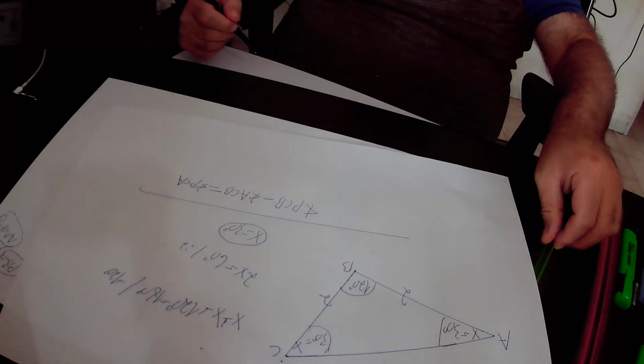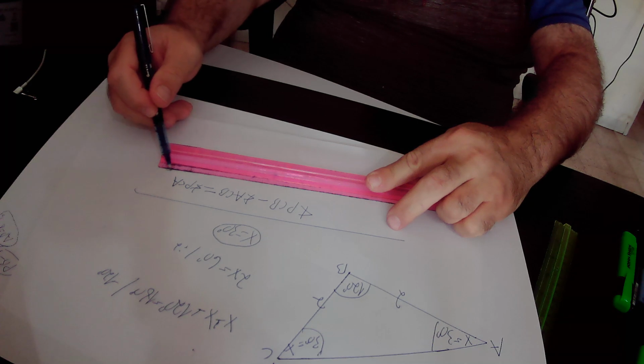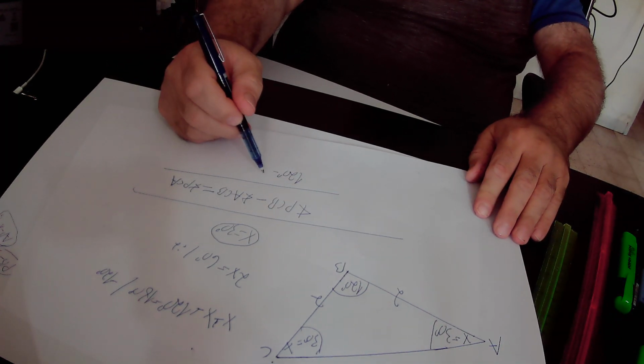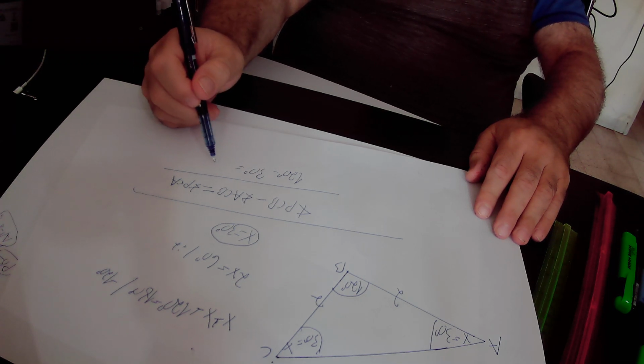Repeat again. The big angle PCB, that is equal to 120 degrees, minus the small angle ACB, that is equal to 30 degrees, must be equal to angle PCA.